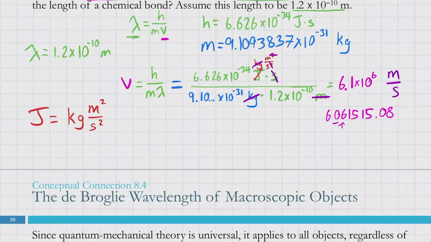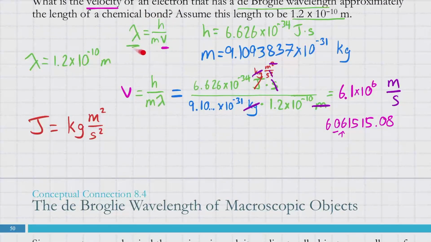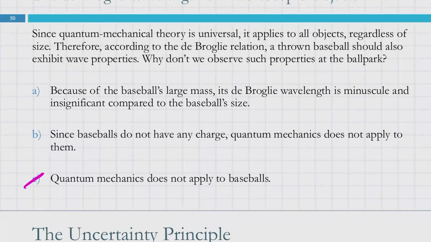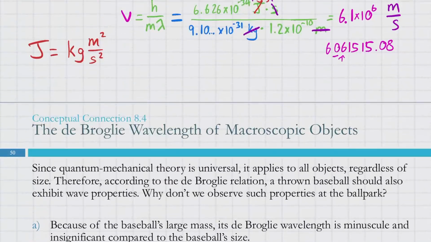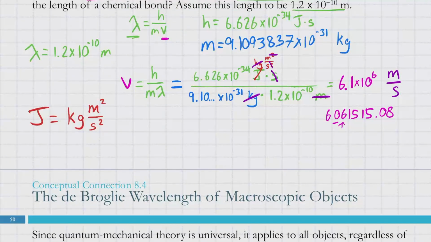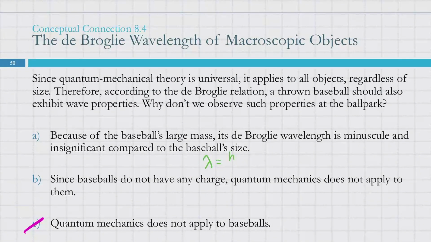You can actually do this calculation if you wanted to. You could calculate the de Broglie wavelength of the baseball. I think there's some fun examples of that. Maybe not in our slides. Lambda equals h over mv. So let's say that the mass is 0.142 kilograms. The answer is A, by the way.